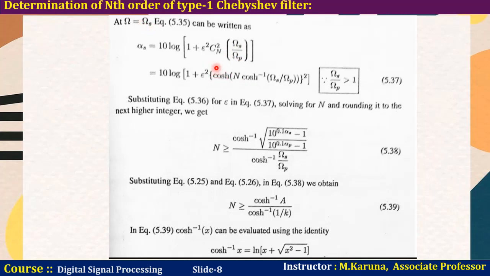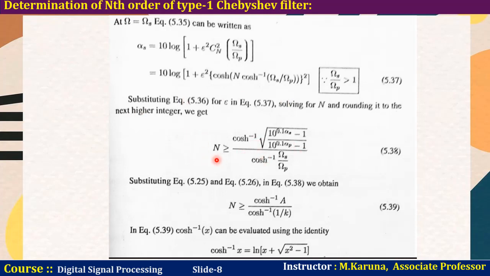In case of stop band, Cn of x is cosh of n cosh inverse of omega s by omega p. Substitute that value in place of Cn, then you will get the equation for nth order. Solving for n, I am rounding it to the next higher integer.